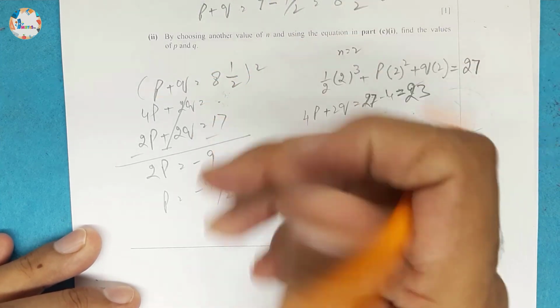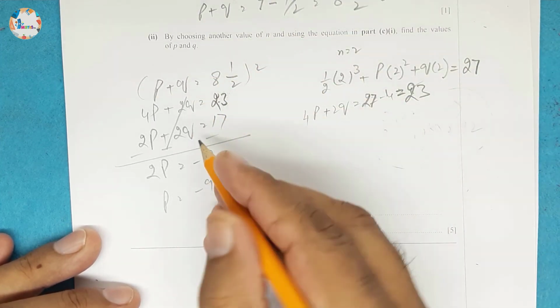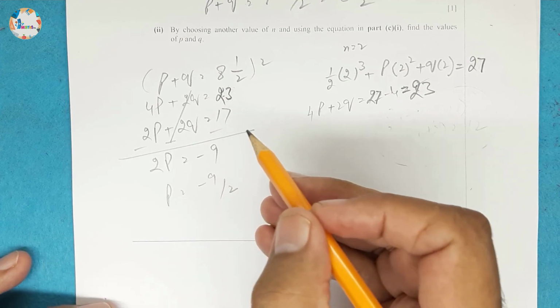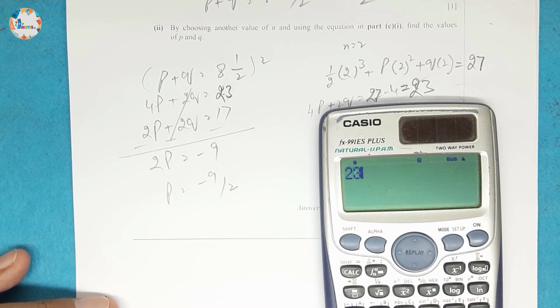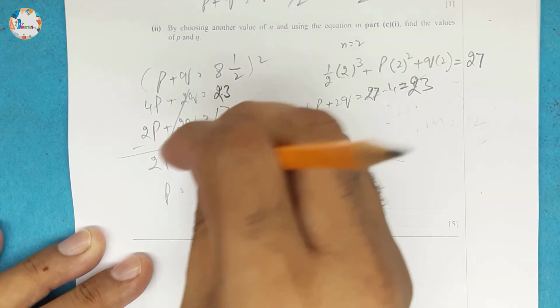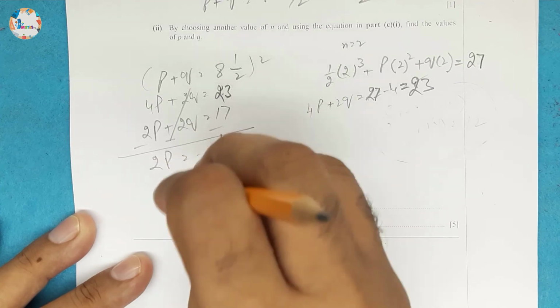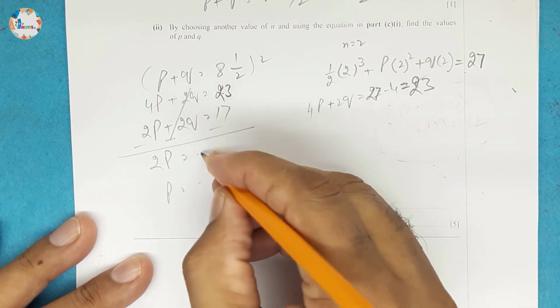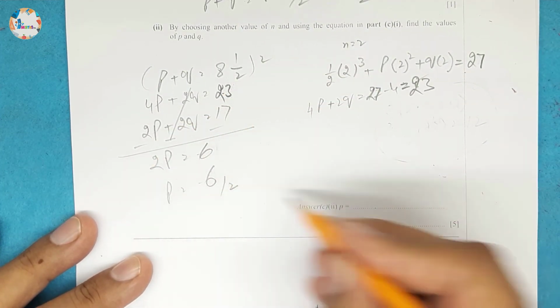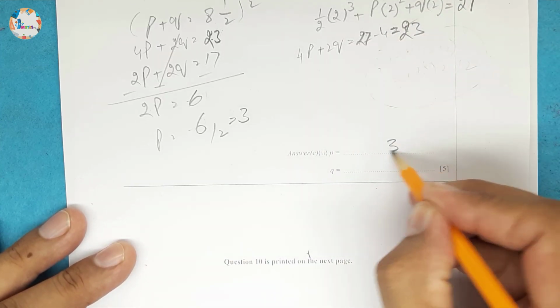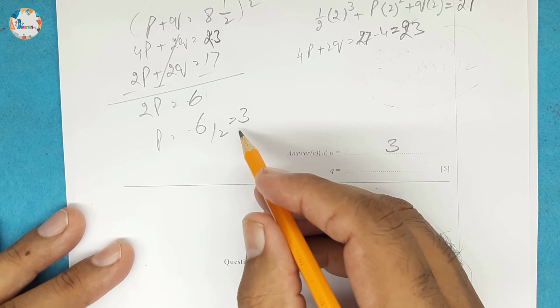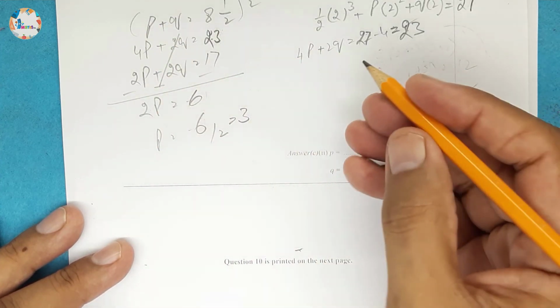So now this will become 23, and if we subtract this one, 23 minus 17 will be resulting to 6. Now this will be 6 over here, so 6 divided by 2 will be resulting to 3. Now our p value is 3 and q value we can easily find by replacing in any of these two equations.